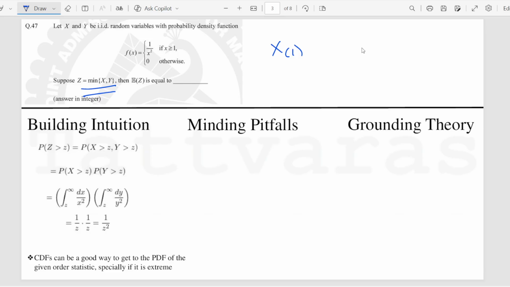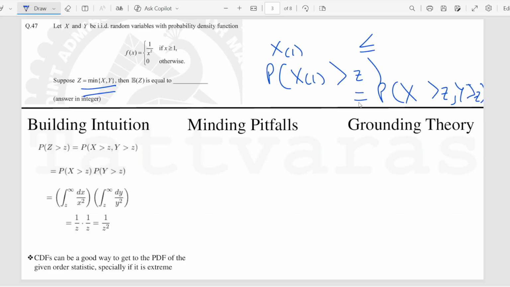CDF is less than or equal to, and this over here is the greater than taken into the picture. There's a reason for that: if the smallest in a group is greater than something, then everything else in that group must be greater than that. It's an if and only if bijection. It's equivalent.